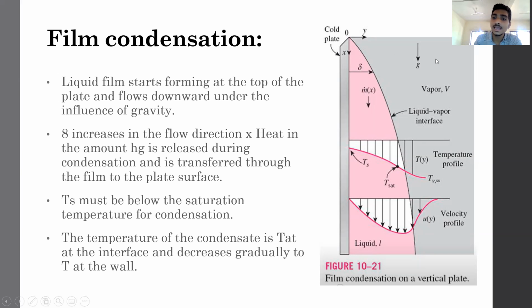We can see the temperature profile, where the temperature is high at the start, but it goes on decreasing as we go away from the cold plate. The saturation temperature is given here, and this is the velocity profile. The velocity first starts to decrease, and then it goes on increasing. So this is the graph for film condensation. Let's move to the next slide.